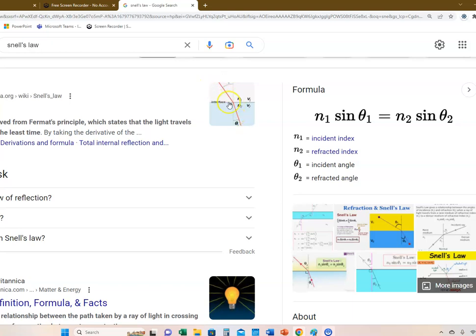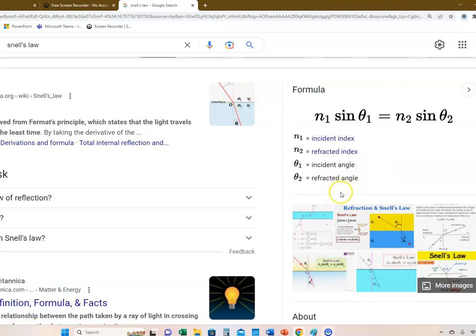The one thing you've got to remember is the angle here, this thing called theta 1, is in this medium up here, but it's always measured from the normal. There's a straight line that's perpendicular to the surface, right? So here's the surface right here between medium 1 and medium 2.